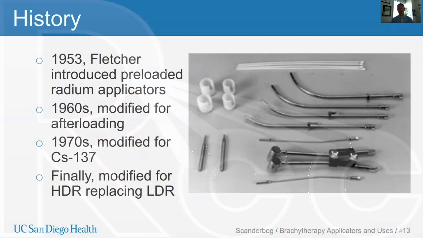In 1953, the physician Fletcher introduced preloaded radium applicators. Then in the 1960s, these were modified for afterloading, minimizing exposure to the staff. In the 70s, the applicators were modified again for use with the isotope cesium-137, and then finally modified for use with our modern high-dose rate afterloaders using iridium-192 or cobalt-60.